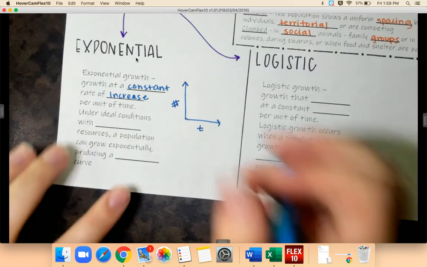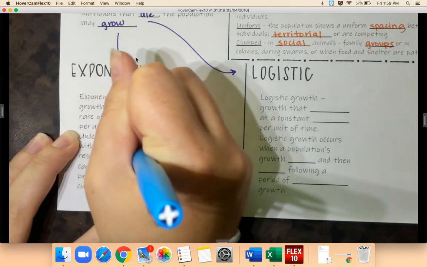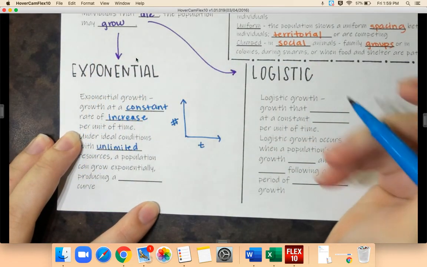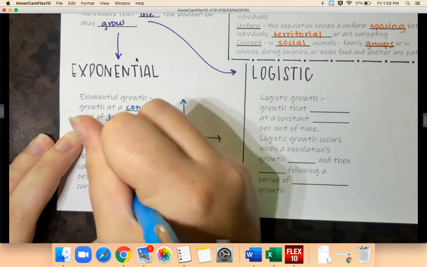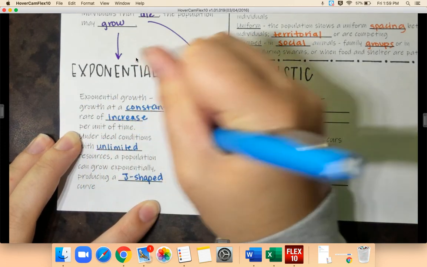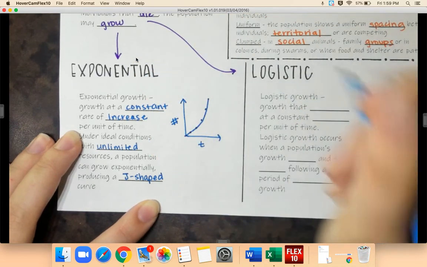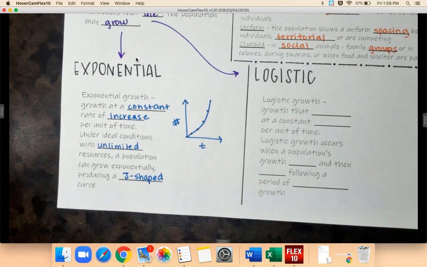Under ideal conditions with unlimited resources, a population can grow exponentially, producing a J-shaped curve. So that'll look something like this. That would be exponential.